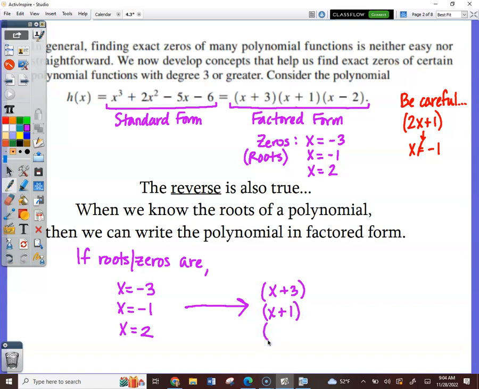And what does 2 come from? X minus 2. So if I say to you, here's a polynomial whose roots are these numbers, then you have to be able to say, then the factors are what we just said. So we're going in reverse.